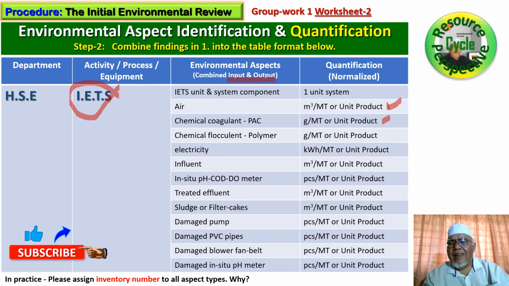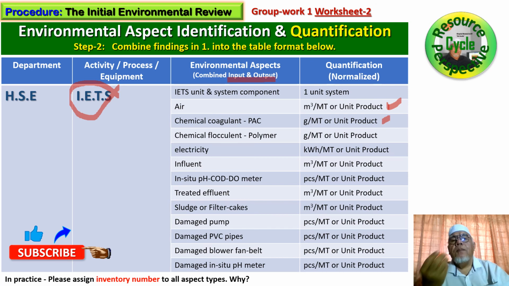How much coagulant, poly PAC, what we call this, polyaluminum chloride. How much of polyaluminum chloride is used per metric ton of product? You've got to calculate.